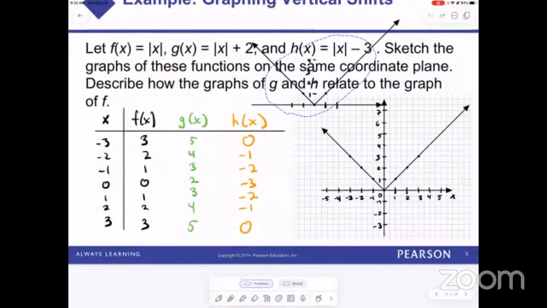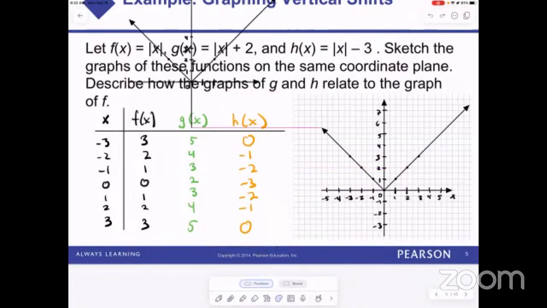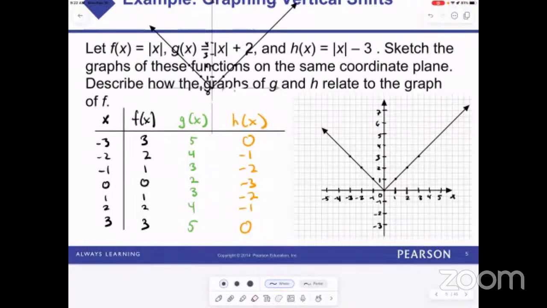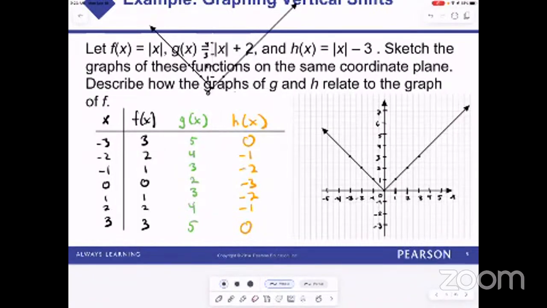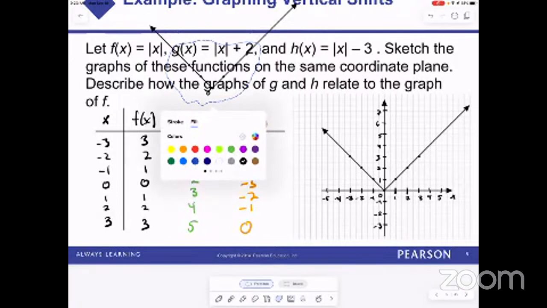I think if I work here, it'll behave better. Let's try this one. Style. Green. Why aren't you turning green?